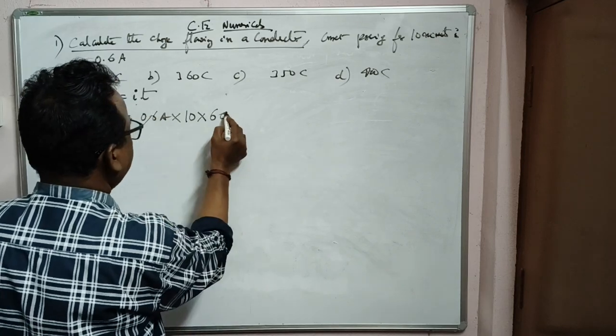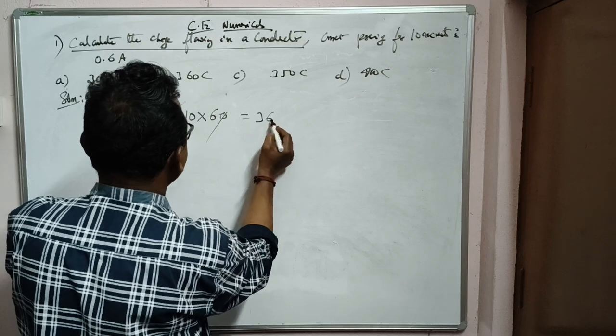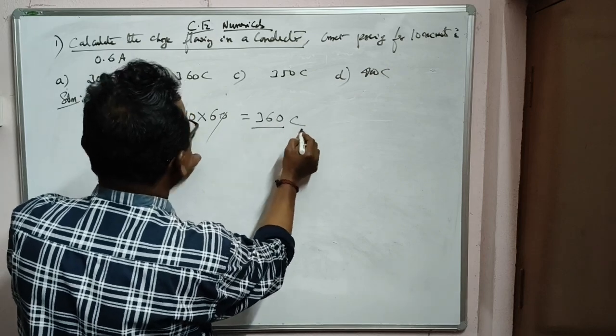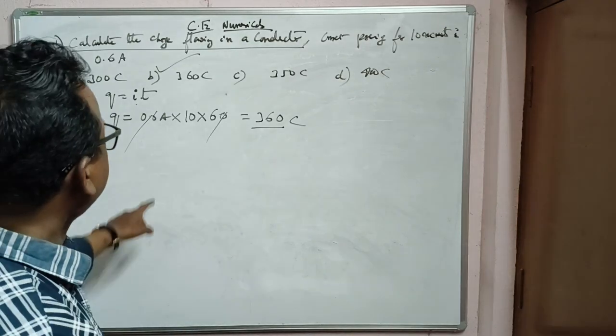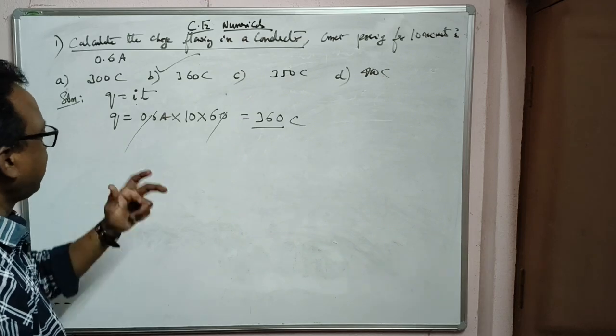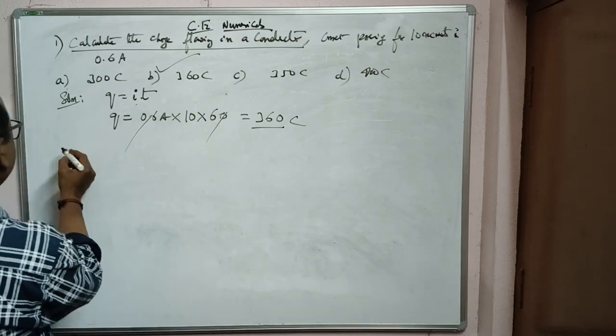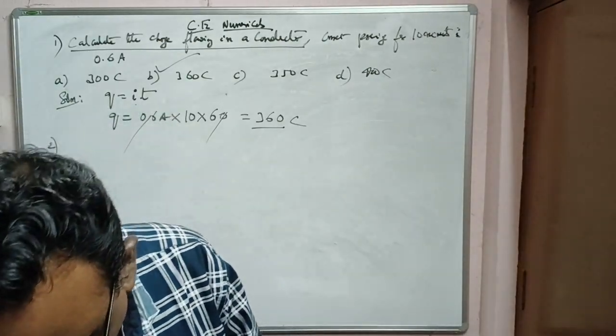Then 6 sixes are 36, and so 360 coulombs. So B is the right answer. Otherwise you can cancel the 0 by 10, 6 sixes are 36, 360 coulombs is the answer. That is the first question, a basic question regarding the charge.